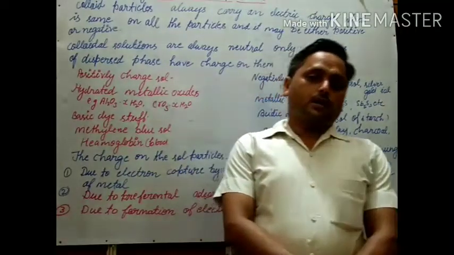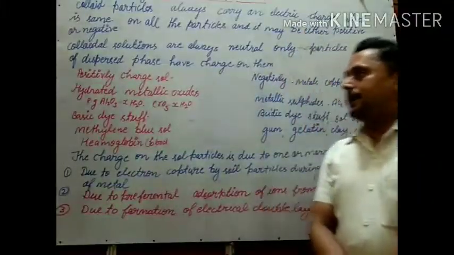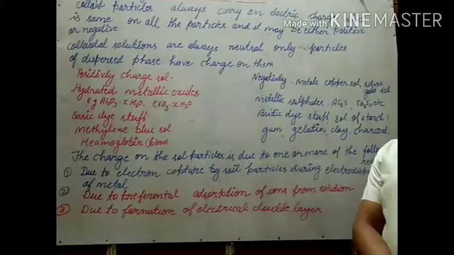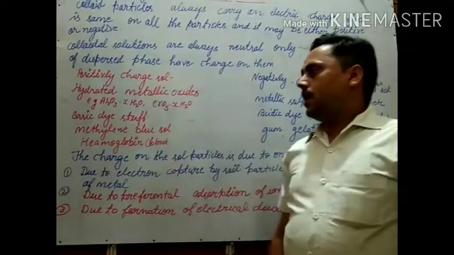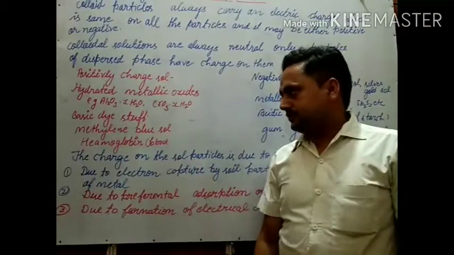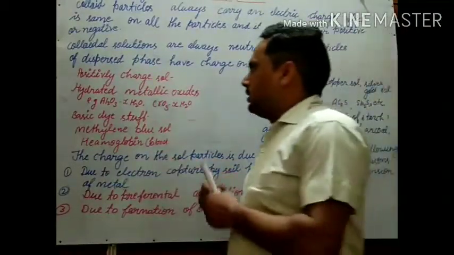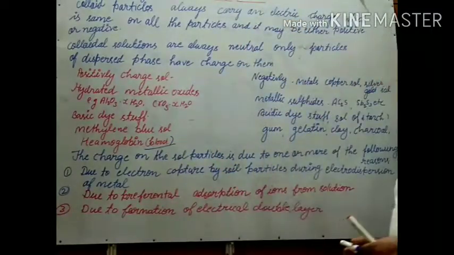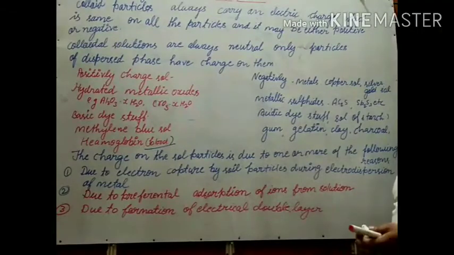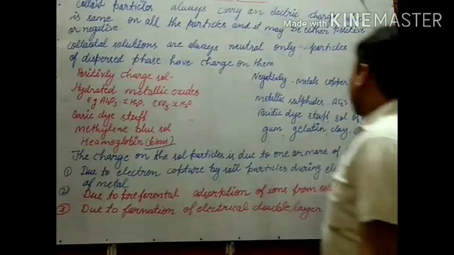Positively charged colloids are like hydrated metallic oxides, Al2O3 and CrO3, basic dyestuff, methylene blue, hemoglobin, very important. So our blood is positively charged.